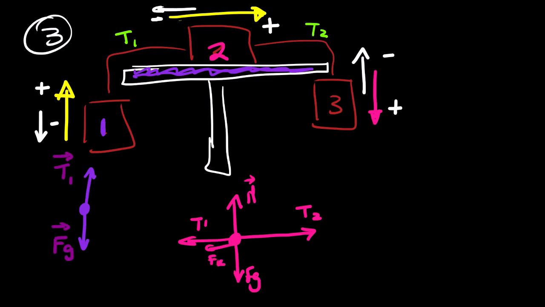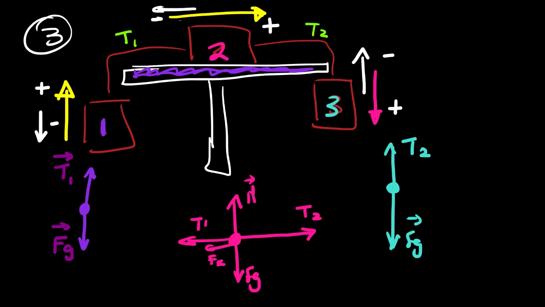Then looking at the free body diagram of 3, we have FG and our T2.